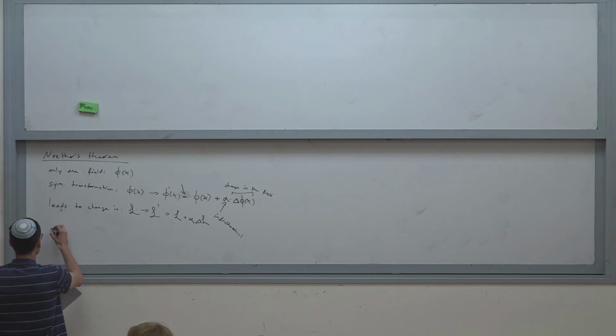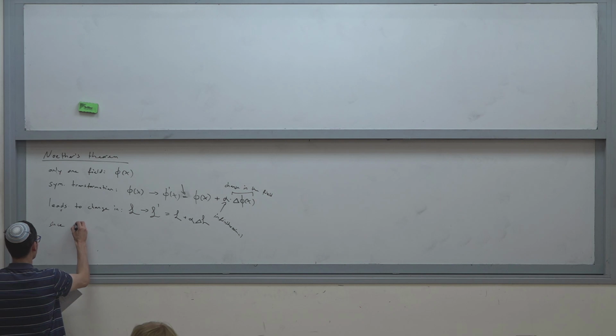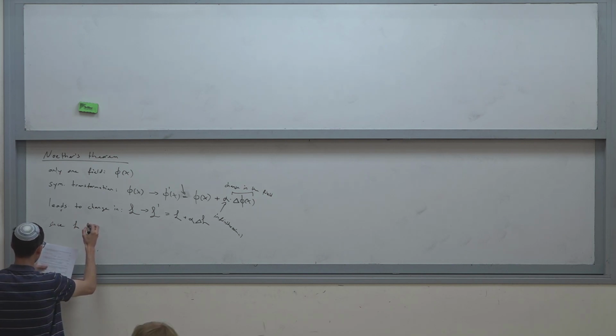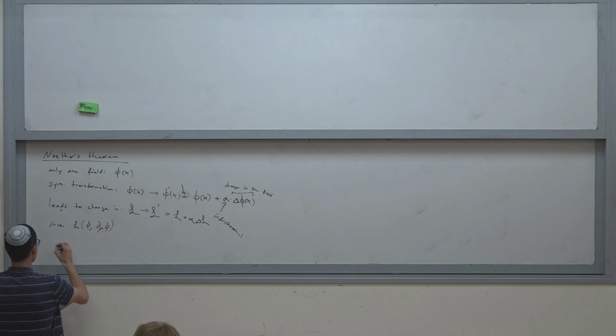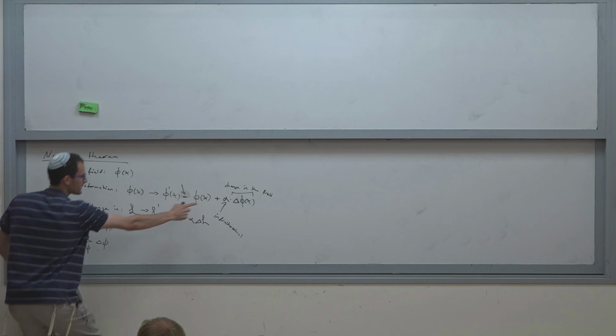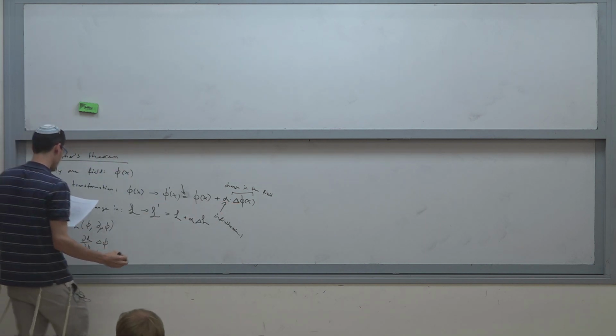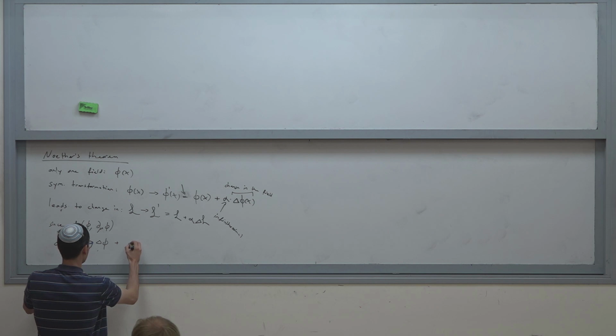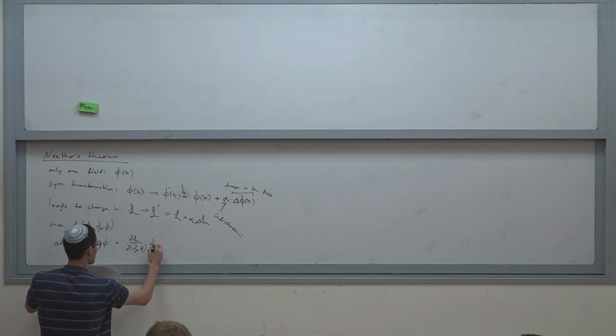And since the Lagrangian is a function of the field phi and its derivatives with respect to time x, y, and z, that means that the change in the Lagrangian, I'm just going to use the full derivative, is equal to dou L dou phi times delta phi, the same delta phi we had up here, plus dou L dou mu phi times the derivative dou mu of delta phi.